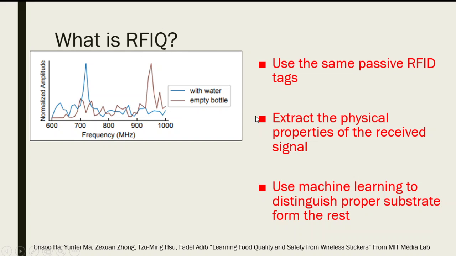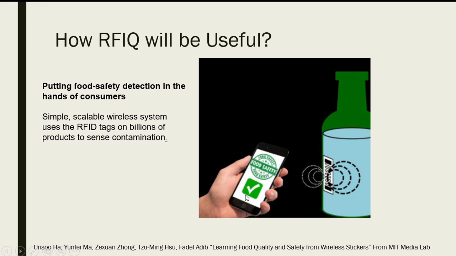Now how is this going to be useful? If you can allow the consumer to read these particular RFID tags, and if you can have apps which can run those machine learning algorithms and distinguish between good milk and bad milk, for example, or if alcohol is mixed or not, or if baby food has gone bad or not, using their mobile phone, some kind of cheaper handheld device, this can revolutionize the market.